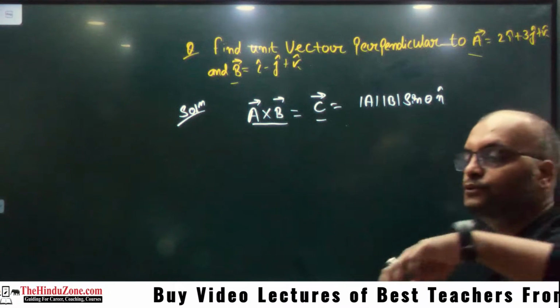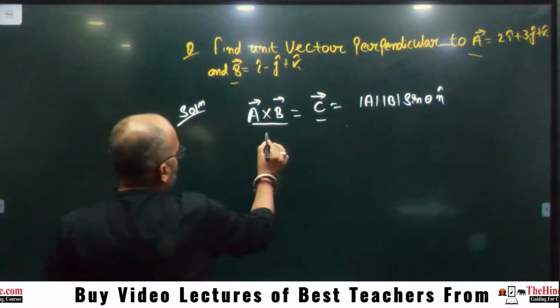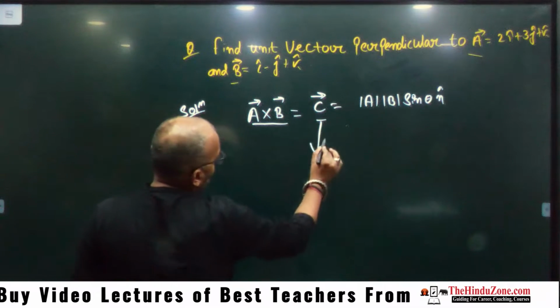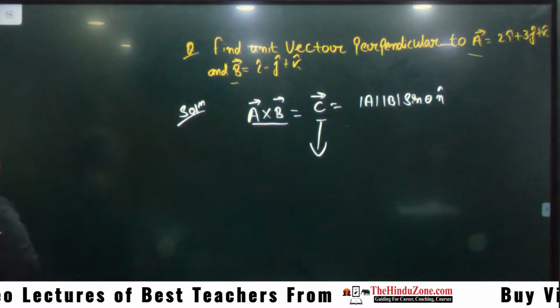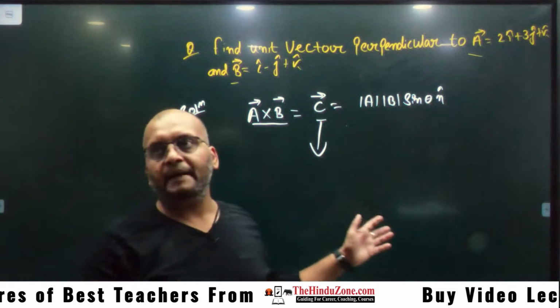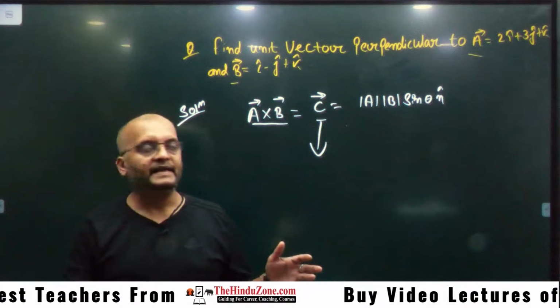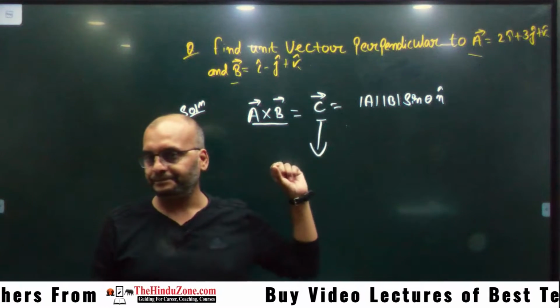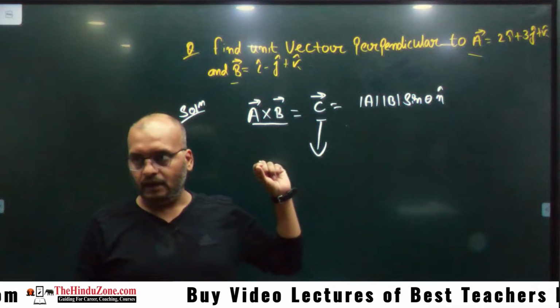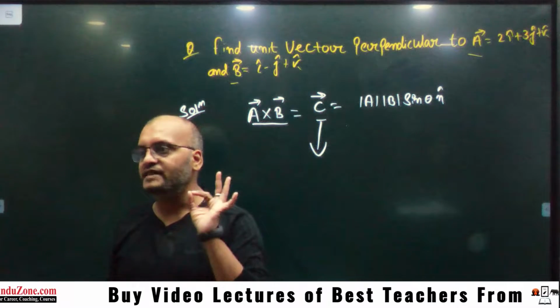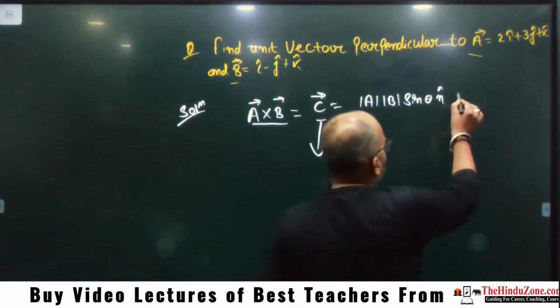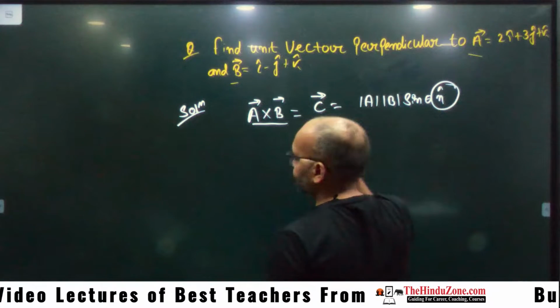I have told you that when we do a cross product, the resultant that we obtain is perpendicular to the plane containing both the vectors. Yes or no? And which thing gives the direction? This unit vector gives the direction.